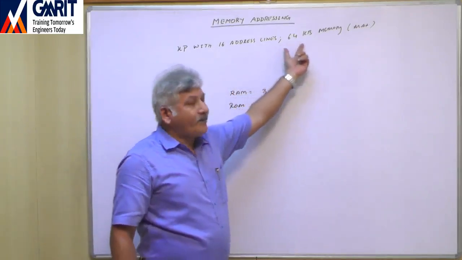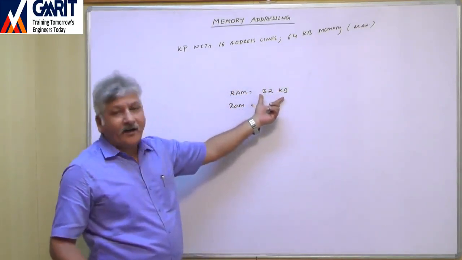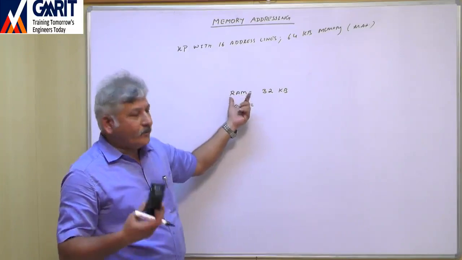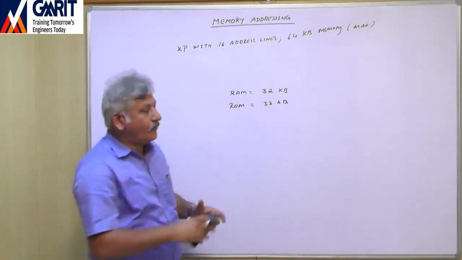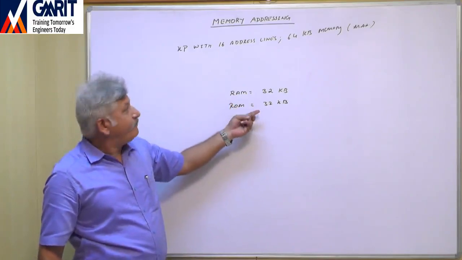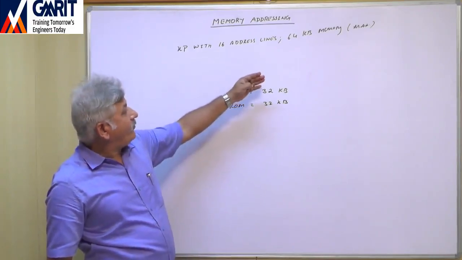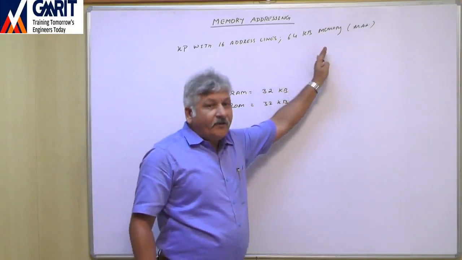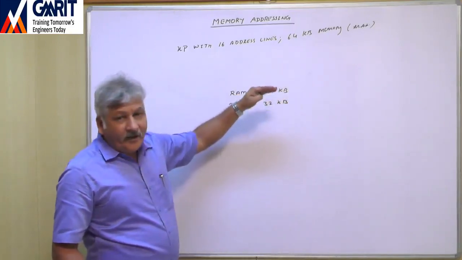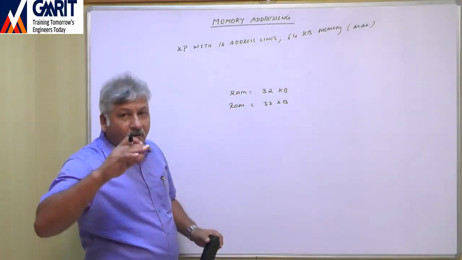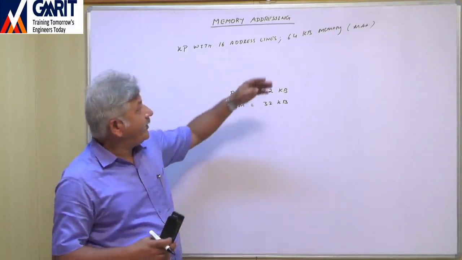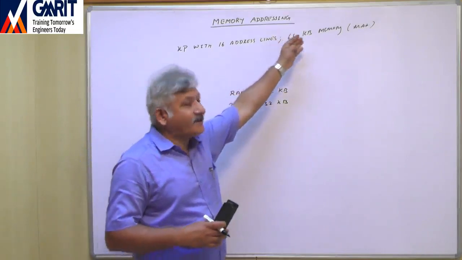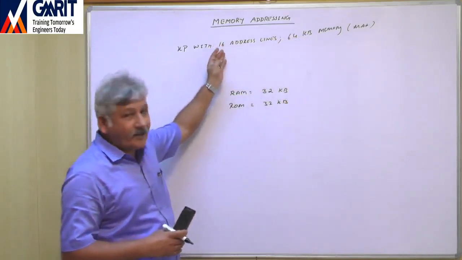So 64 KB is the maximum. 32 KB we have already utilized for RAM. So the remaining 32 KB maximum we can use for ROM, right? When we talk about the maximum capacity, we can connect a memory with lower capacity. That is possible. But we cannot connect a memory with higher than 64 KB in this particular case.